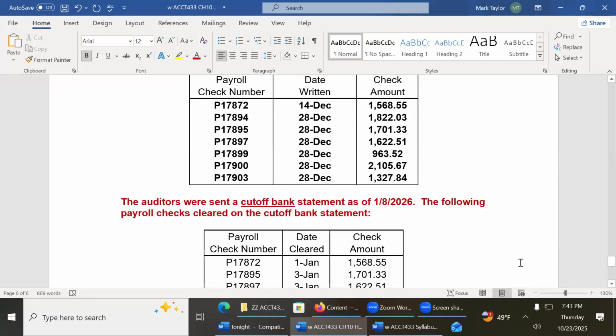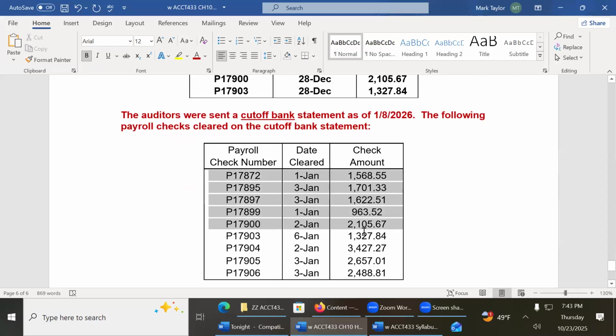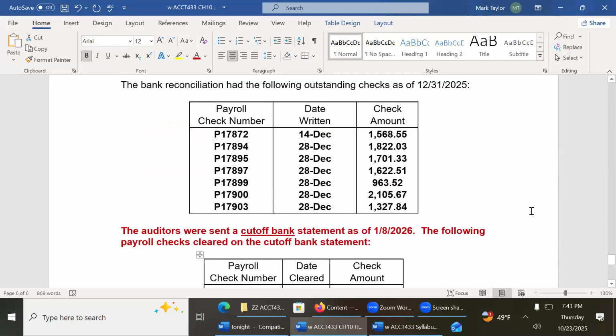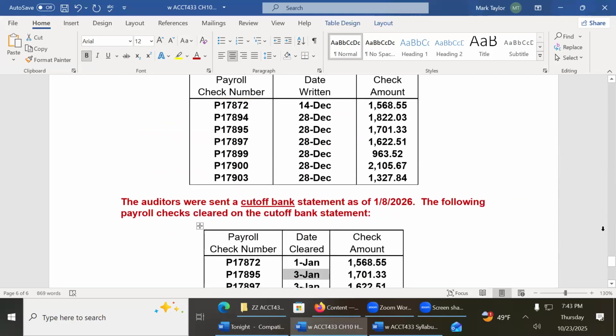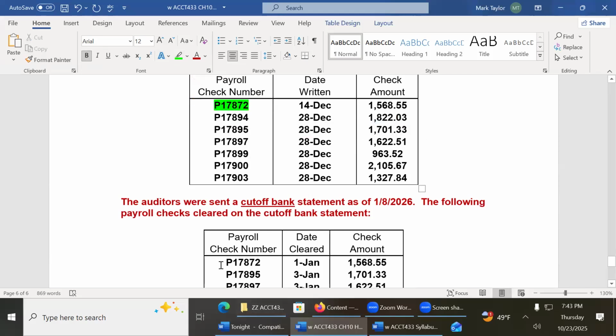So what we're going to do is go through and see which ones of these checks cleared. For instance, let's take this first one, the payroll check P, it cleared. Yes, you're right, it did clear. So I tell you what, if they clear, we'll make them green.